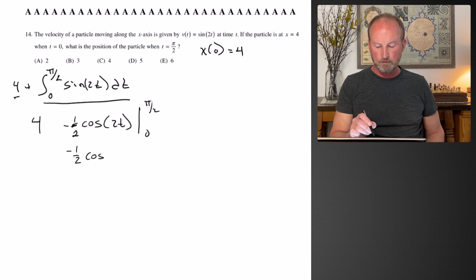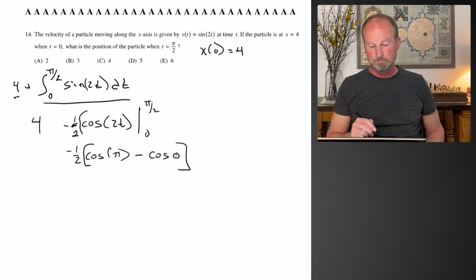Okay, check our trig abilities. Plug in pi over 2. 2 times pi over 2 is pi. Plug in 0. Got to be careful here. I'm going to do this to save potential problems. Okay, hopefully you can see why.